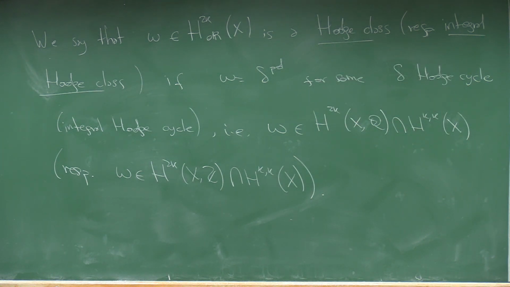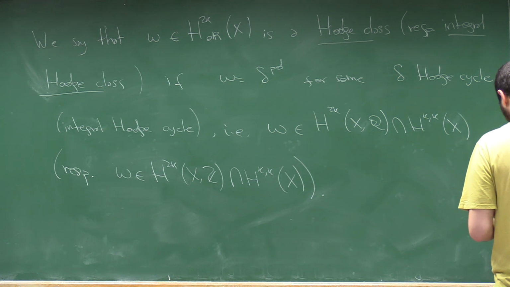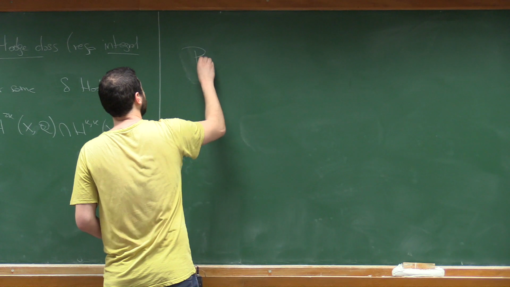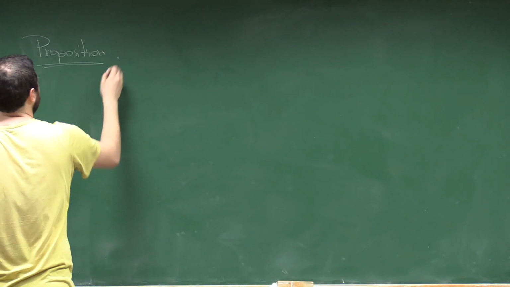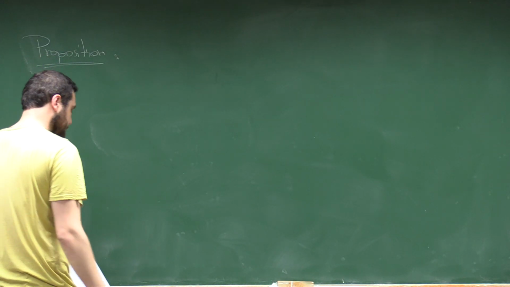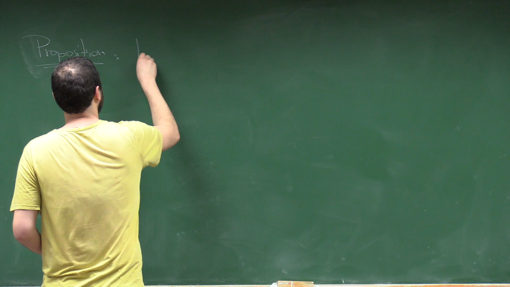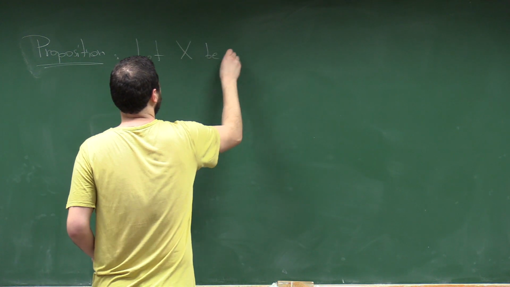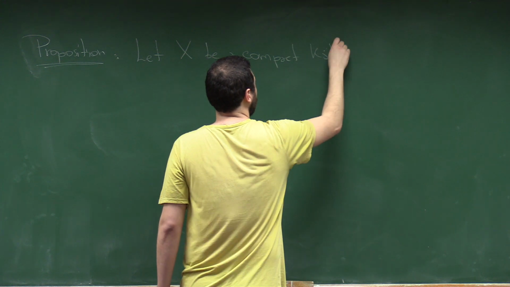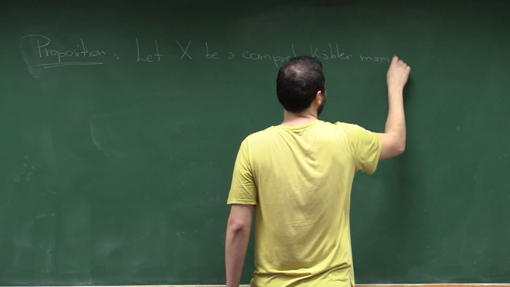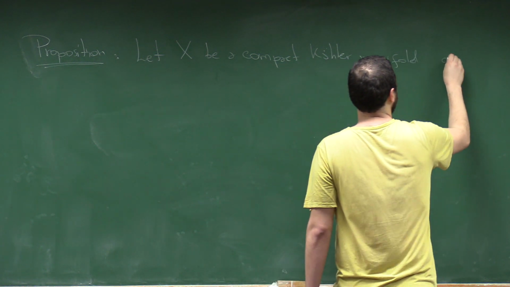So why are these cycles and classes important? Well, first of all, before explaining that, I will put a proposition here. It's very simple. So let X be a compact Kähler manifold of dimension n.